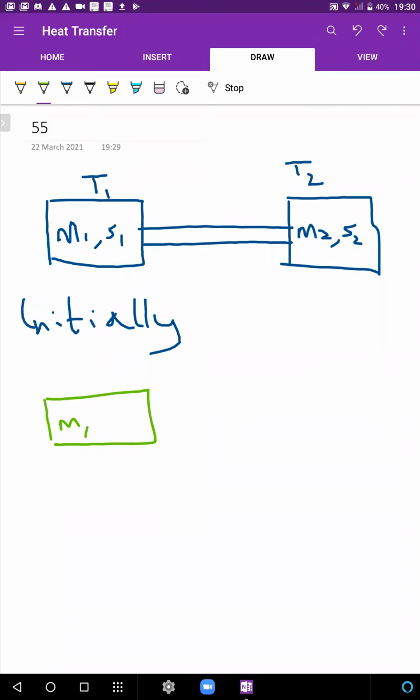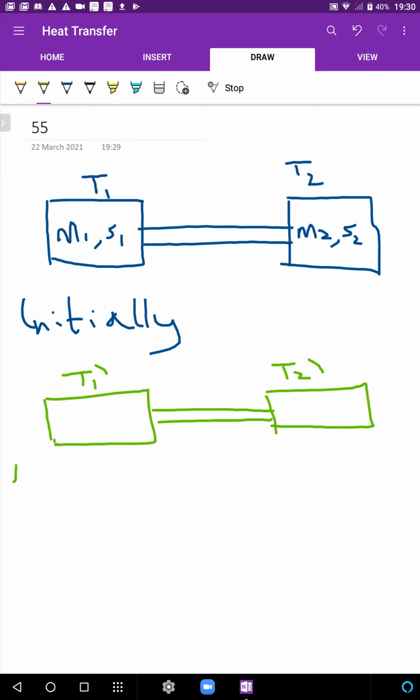So what symbols do I use for that? Let's say the temperatures are T1 dash and T2 dash, and this is at time T. So at time T, this is the scene: T1 dash and T2 dash.